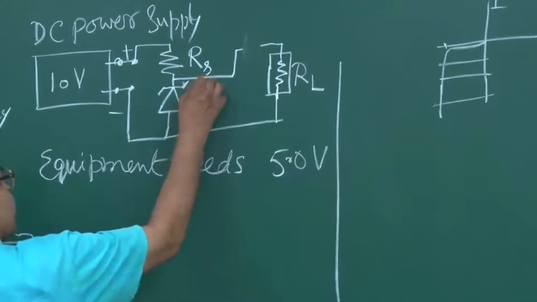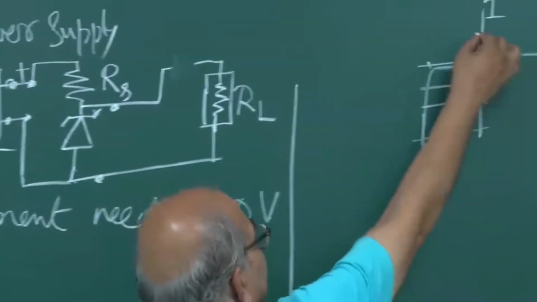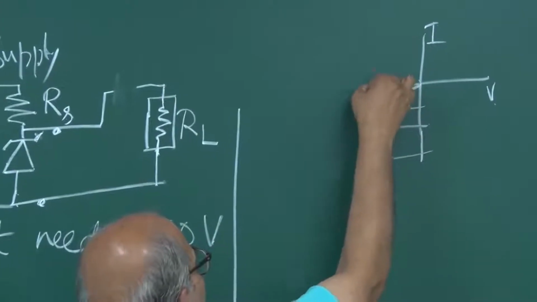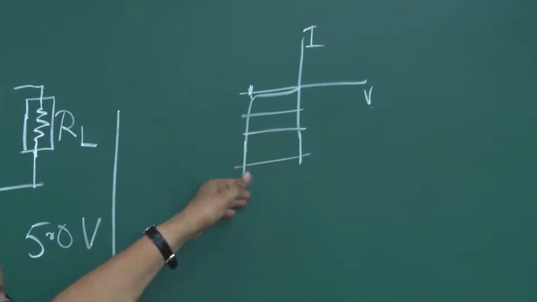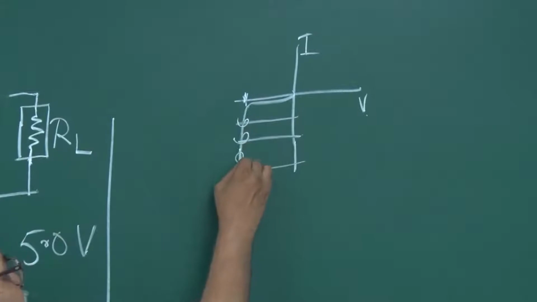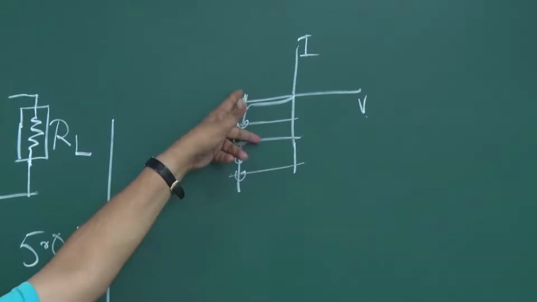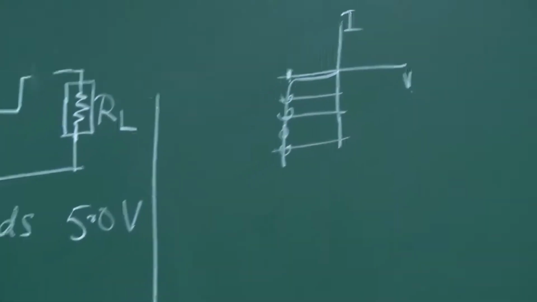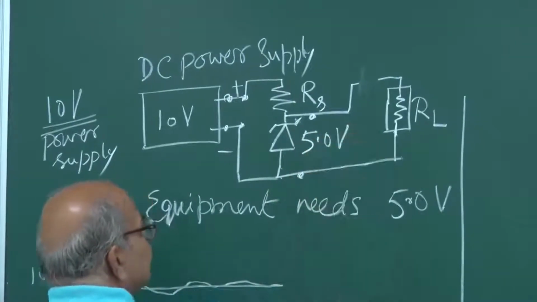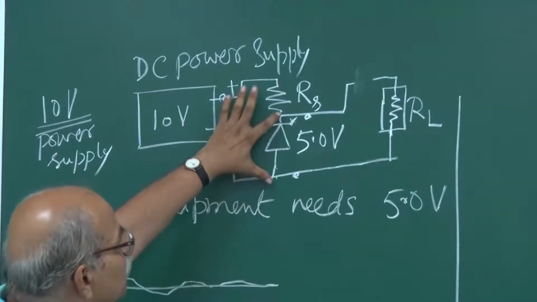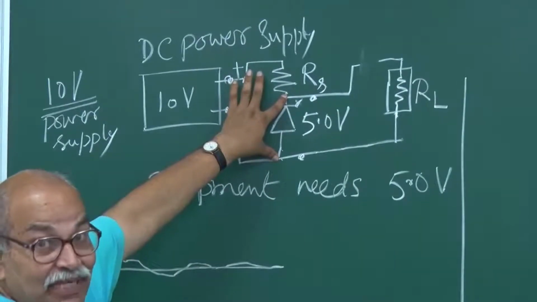The voltage across this Zener, remember this is the IV characteristics, when it is operating in this breakdown region, we are operating somewhere here. So the voltage is fixed, and that is the breakdown voltage, 5.0 volt. Whatever the current, the voltage here is 5.0 volt if you are operating in that breakdown region.